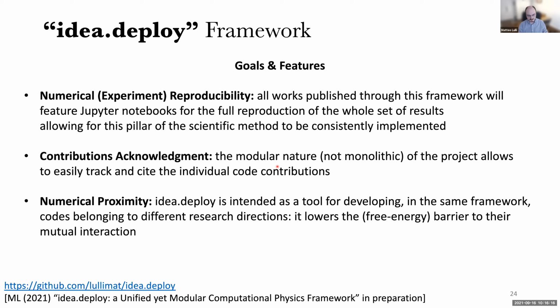And then there is the concept of numerical proximity, which is that in these frameworks, very different computational physics areas can overlap with the same API calls, with the same high-level usage. So the hope is that this common ground may lower the free energy barrier to the mutual interaction of different computational physics tools.